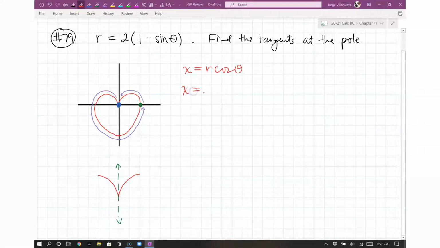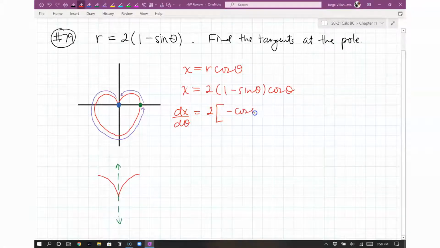Since r is 2 times (1 minus sine theta) times cosine theta, we're going to take a derivative of that. So dx d theta is equal to 2 times [the derivative of 1 minus sine theta, which is negative cosine theta, times cosine theta, plus (1 minus sine theta) times negative sine theta].